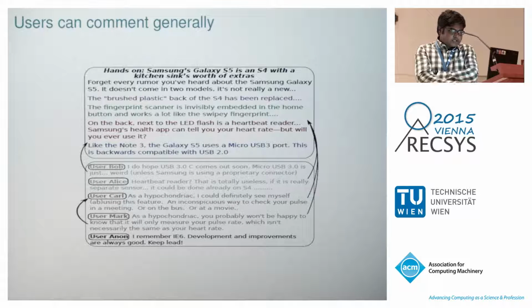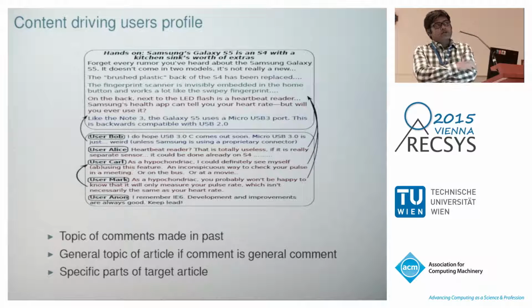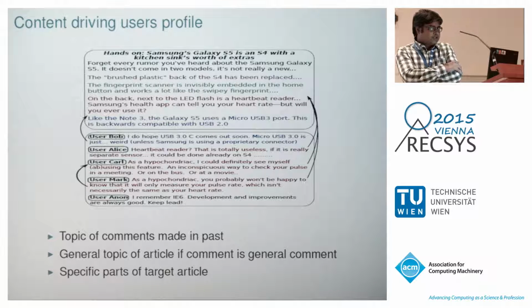So users can comment generally or specifically, and we model the topic of the comments they made in the past: a general topic of the article, specific topics of the article, or a topic of specific parts of the article.